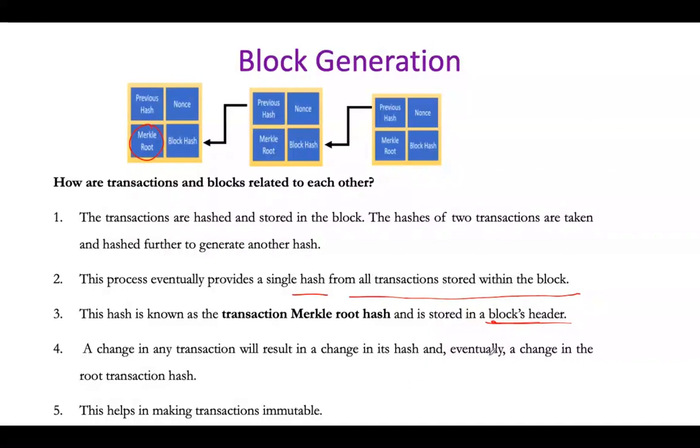A change in any transaction will result in a change in this block hash, and that will result in a change in the root transaction hash. So this helps in making transactions immutable.